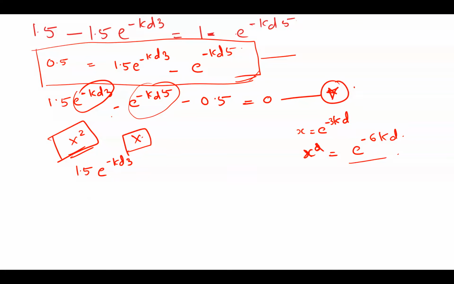Okay, but if you take that, e to the power minus 5 kd, then again it becomes minus 1 kd plus 1 kd, right?